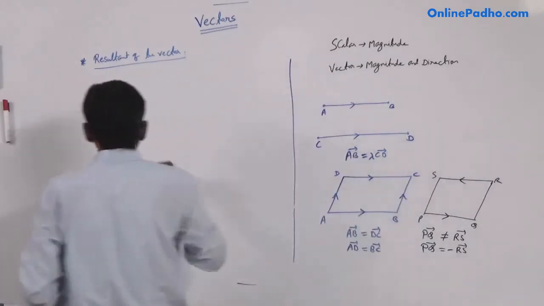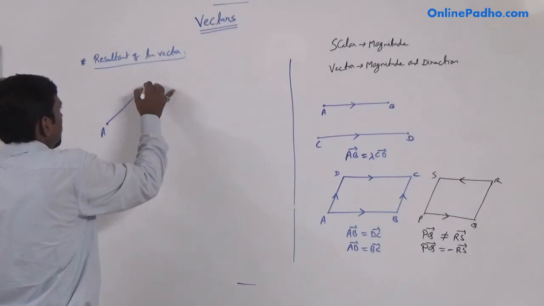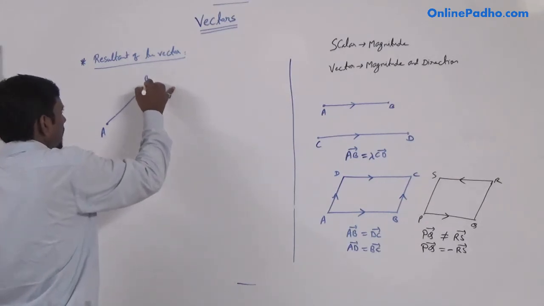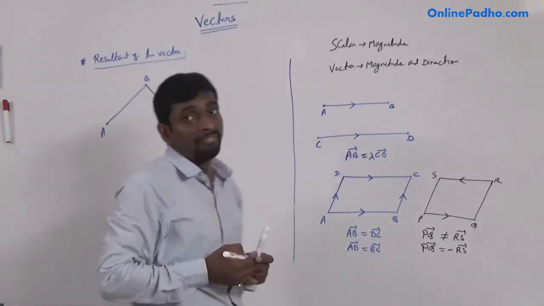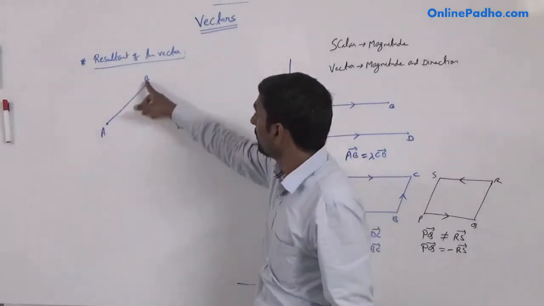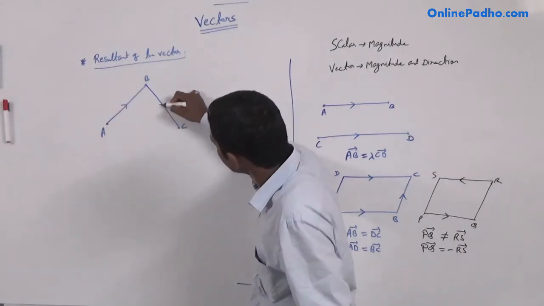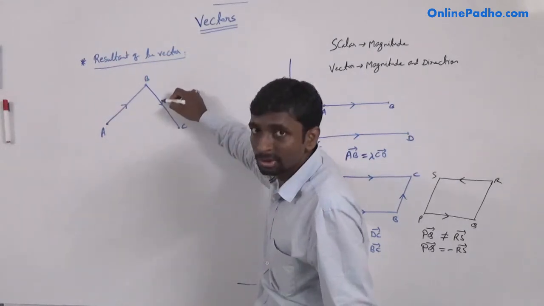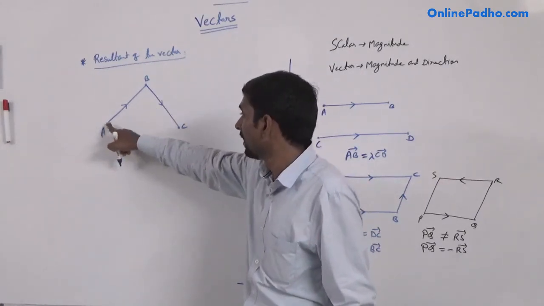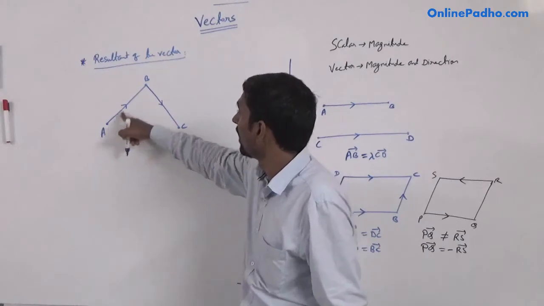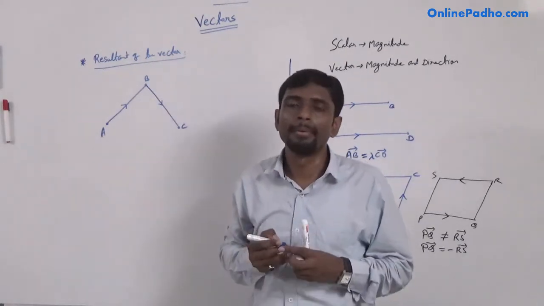If I say you go from point A to point B and from point B to point C, so finally you went from point A to point C, but via B. This is called the distance traveled.